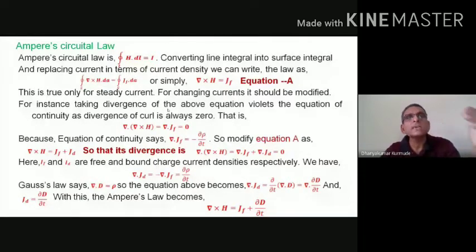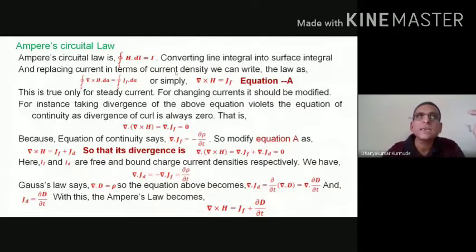Understand? So with this we can define a new parameter called current density as the current per unit area.